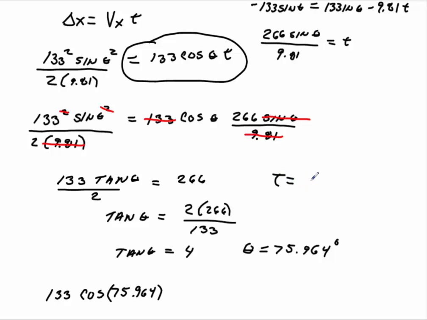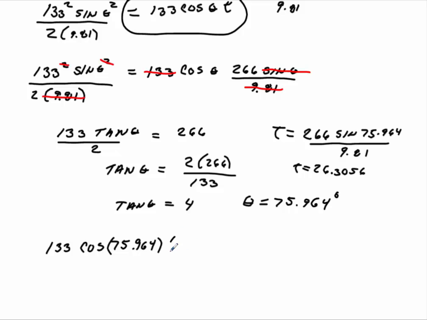So t is going to equal 266 times the sine of 75.964 over 9.81. Run that value, and it gives me 26.3. So the time is in the air quite a while. We'll put that in right here.